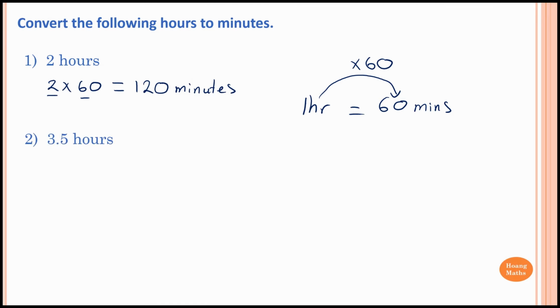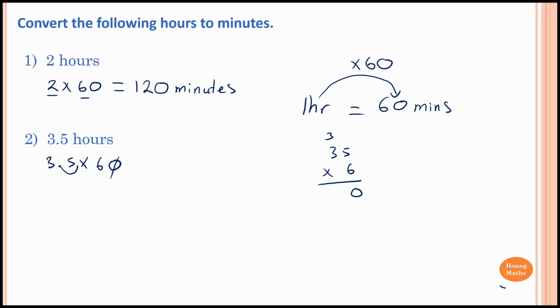Second one. So 3.5 hours. Again, from hours to minutes, we times by 60. So 3.5 times 60. We can cancel this 0 and move it to this side, so that becomes 35 times 6. So 6 times 5 equals 30.